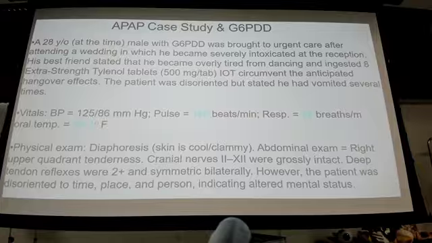This patient is experiencing diaphoresis, which is probably due to either the stress from the potential liver injury or even just the alcohol intoxication. He also has right upper quadrant tenderness, but all of the other exams were normal, except for the patient being disoriented, which could be due to the alcohol as well.